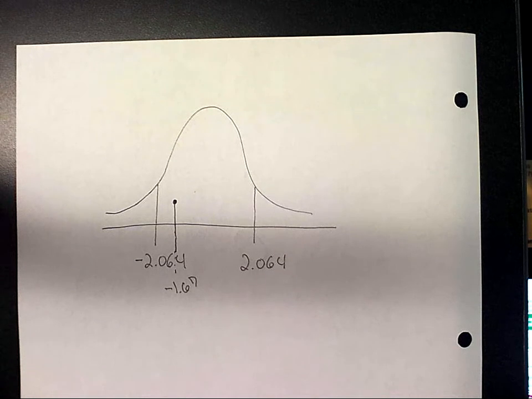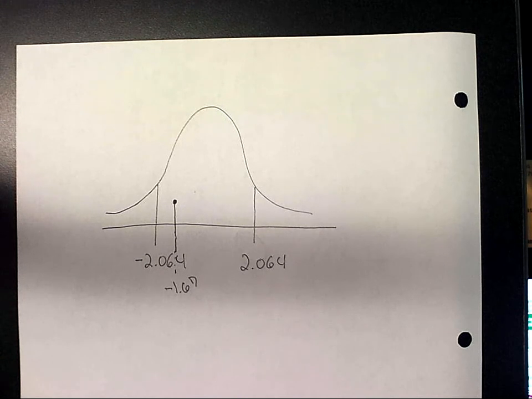Forget for a second that it was T values. Just imagine that these are Z values, not T values. The reason I want you to do that is I think you feel a little more comfortable with Z values because we've been using them for a longer time, and the concept is exactly the same.